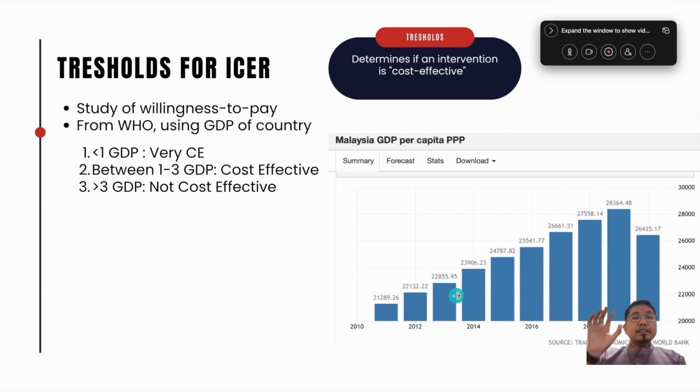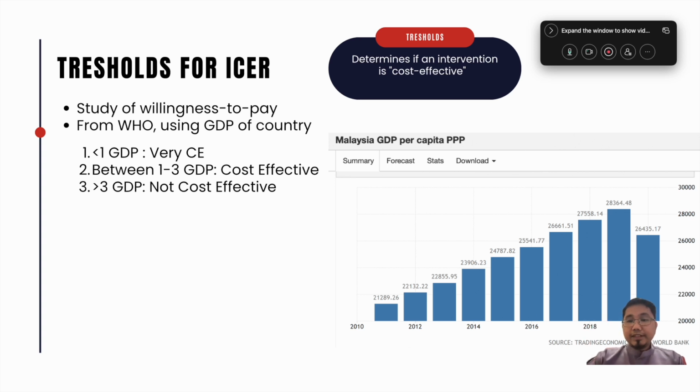Okay, regarding the ICER, you should have the threshold. So what is the threshold? It can determine if an intervention is cost effective. Always in natural units, you should have a study of willingness to pay. So when we have the natural unit, we can do a study of willingness to pay in order to have the threshold for the ICER.